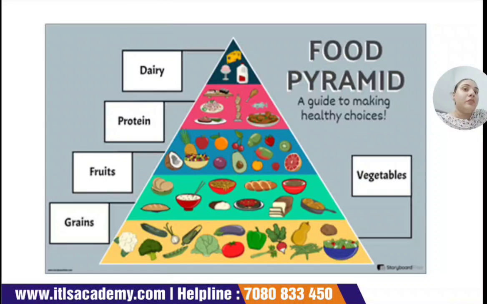On a daily basis, the last one is the larger one. The upper portion is the dairy product, then the protein, then the fruits, then your grain, and the last one is the vegetable.